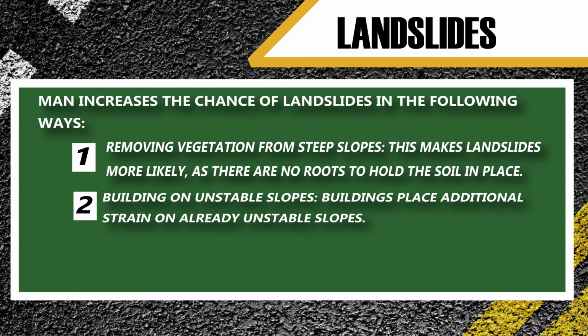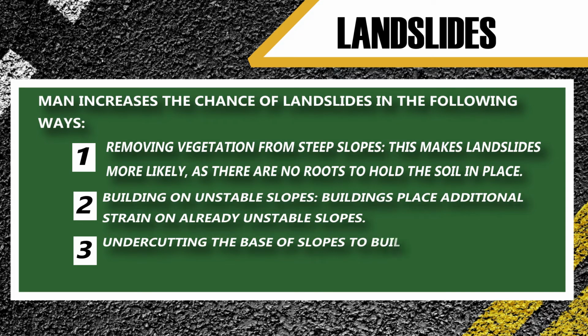Second, building on unstable slopes, which places additional strain on them. Imagine building a big fancy house on a mountainside, then boom, comes the rainfall. Number 3, undercutting the base of slopes to build roads.